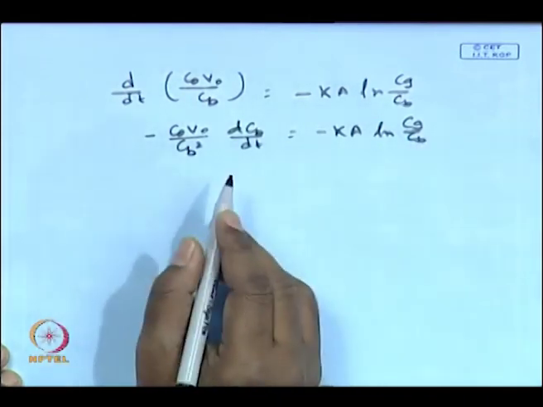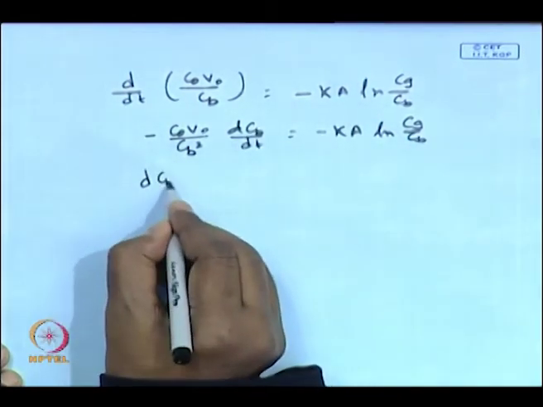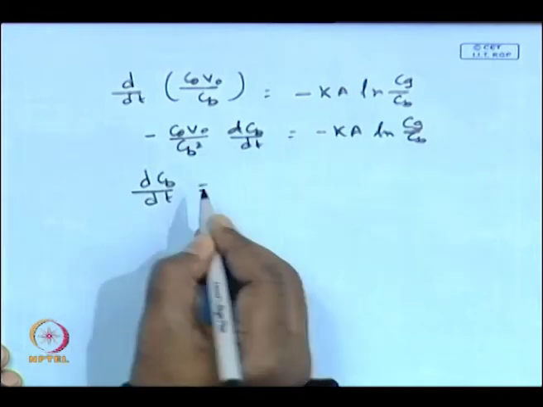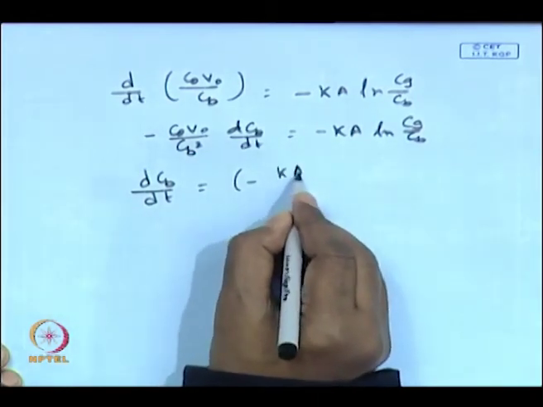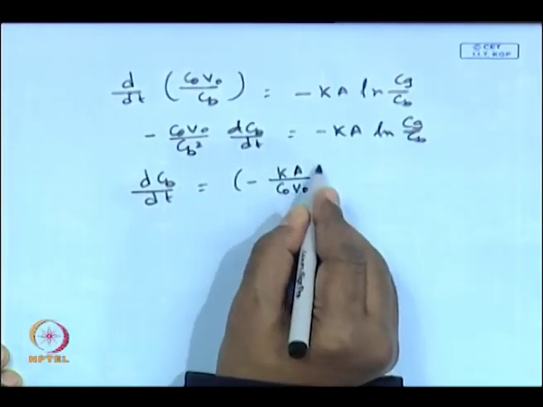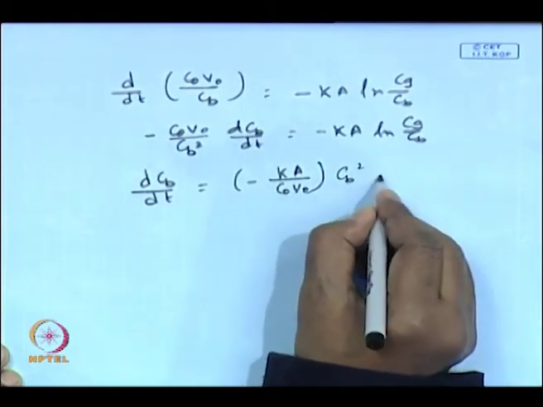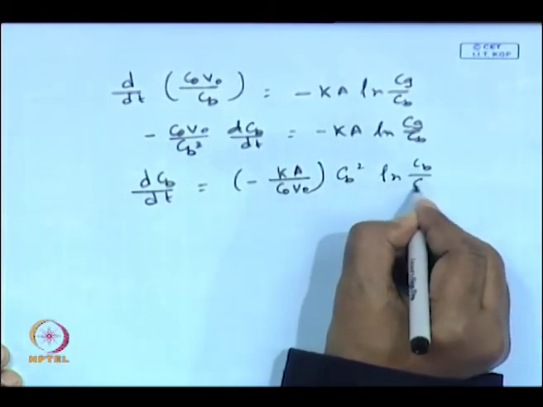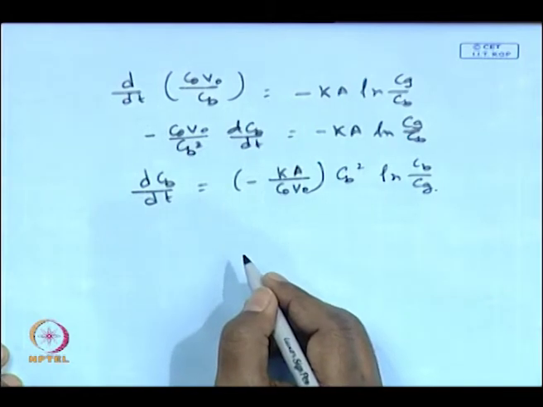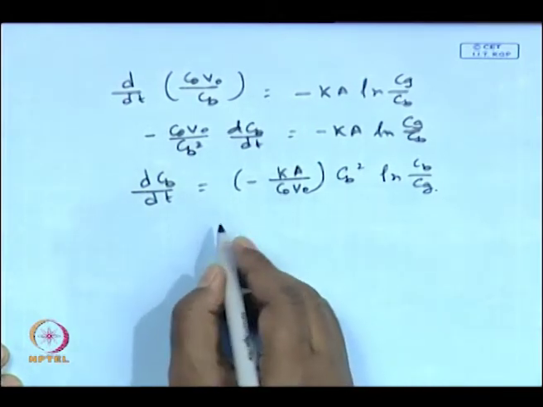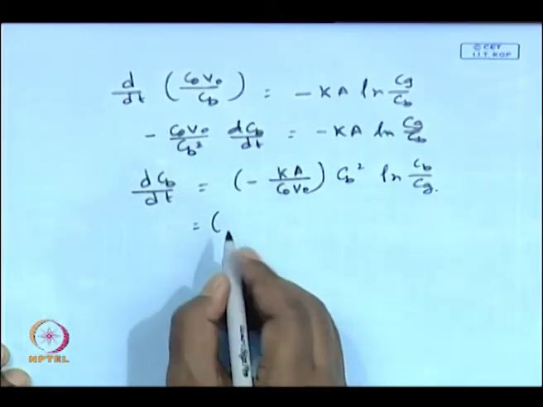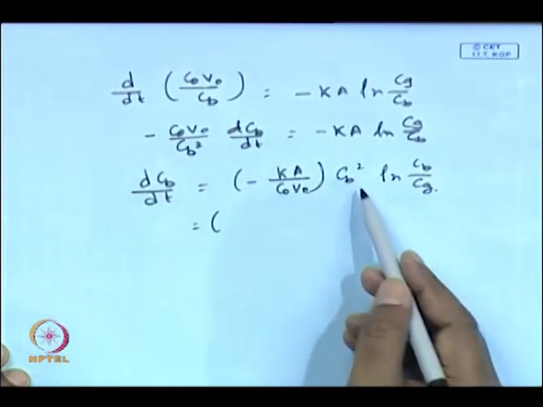I am just writing the final expression. So, dCb dt will be minus K times A divided by C naught V naught, Cb square ln Cb by Cg, right.